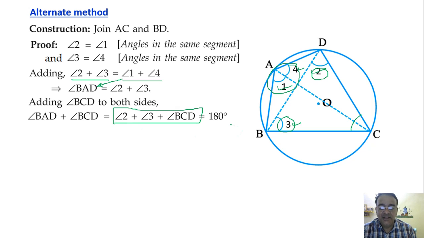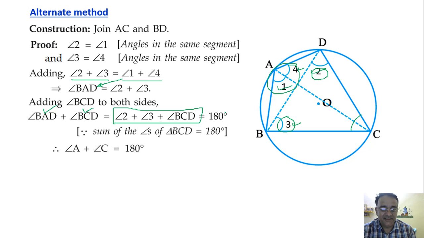Just now you told the angle sum property of triangle, right? So the sum of these two angles is equal to 180 degrees.